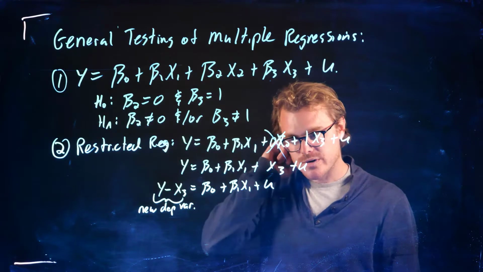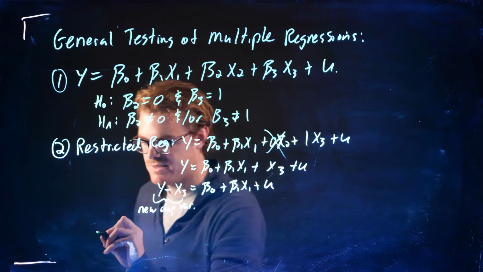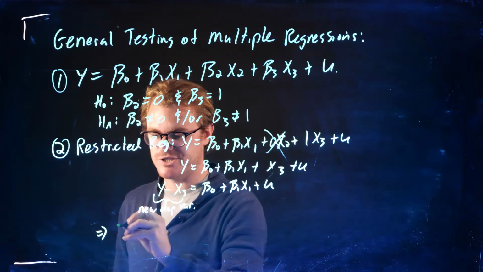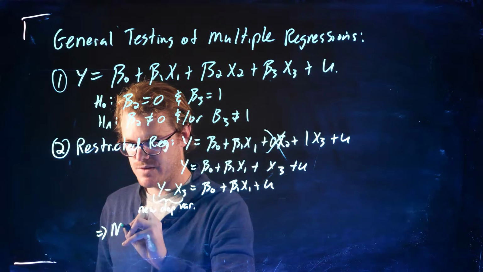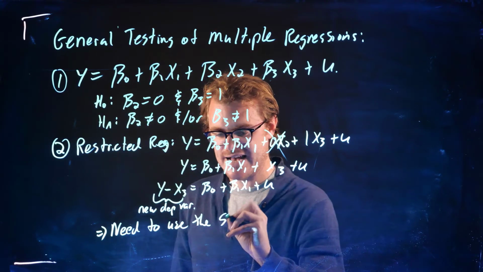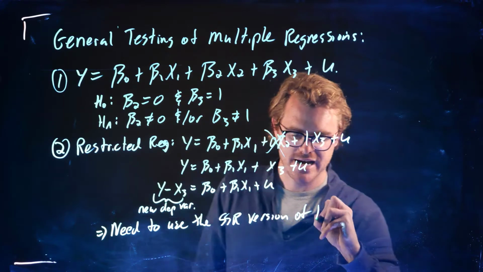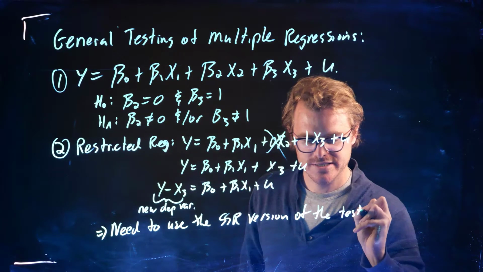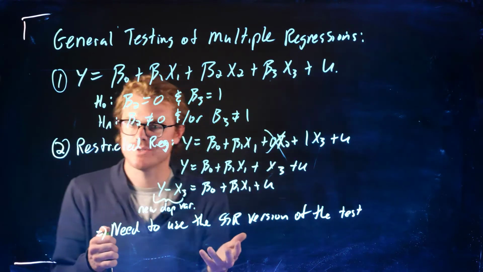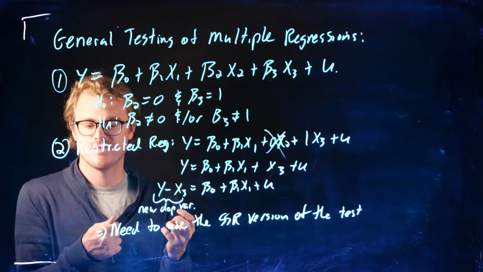You're still going to run this restricted regression, but we need to use the SSR version of the test. This is an example of one of those times where we can't choose between the R squared or the SSR version of the test.